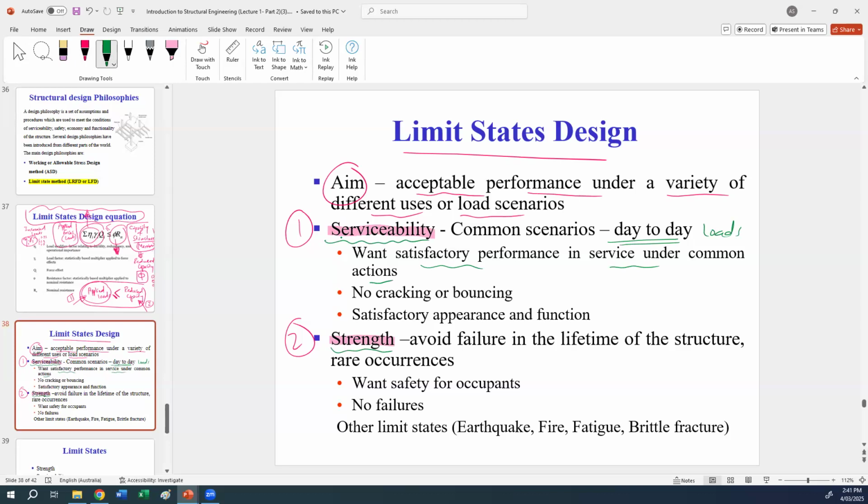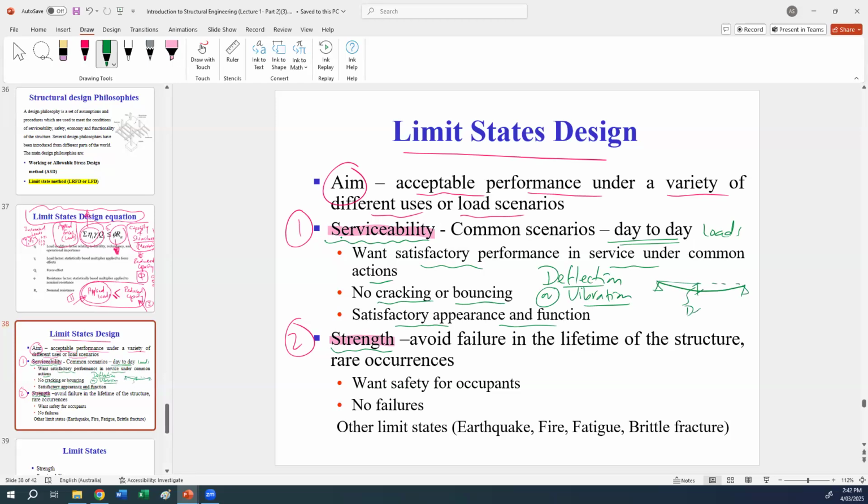This criterion is concerned about cracking or bouncing and the appearance of the building. So mainly serviceability means deflection or any vibration or any other deformation. If you remember earlier, we saw a bridge that had been deflected like that.